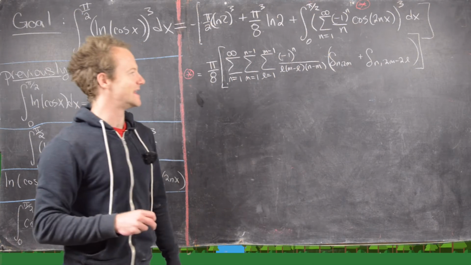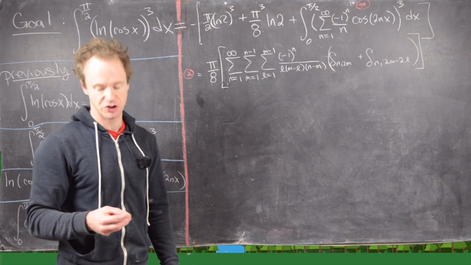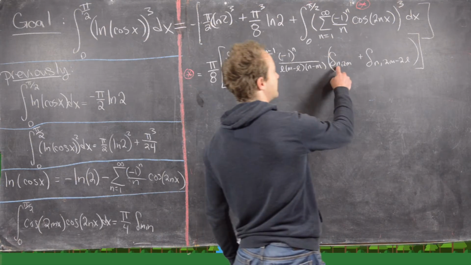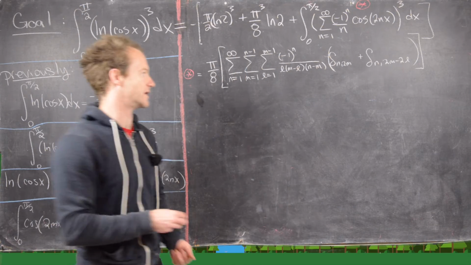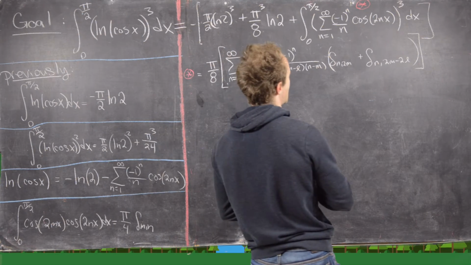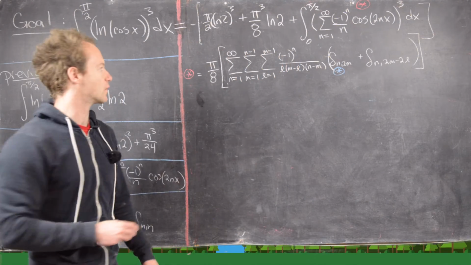So delta n 2m and delta n 2m minus 2l, and we're actually only going to focus on this one. This one is going to produce a similar quantity. So I'm going to go ahead and star this one in blue. This is the one that we're going to work with.